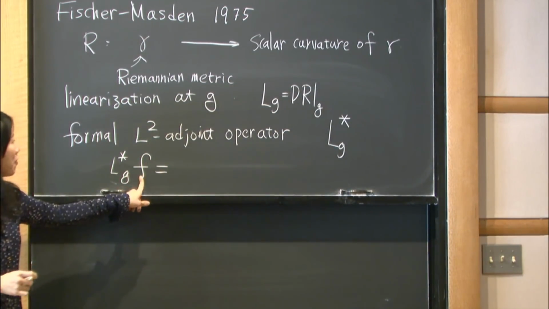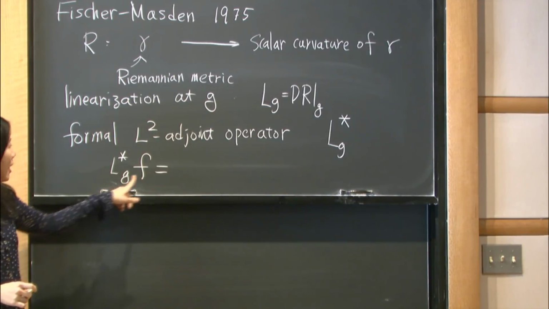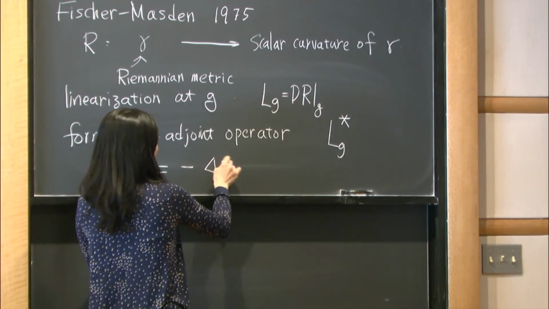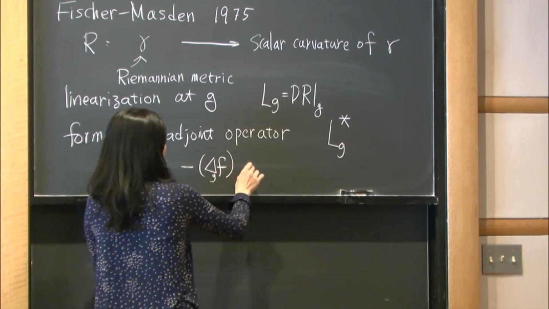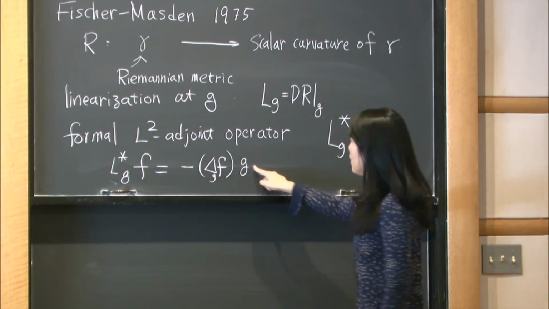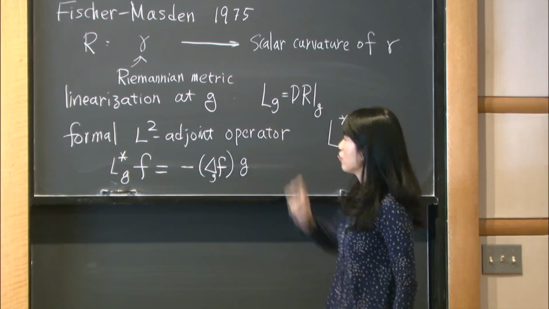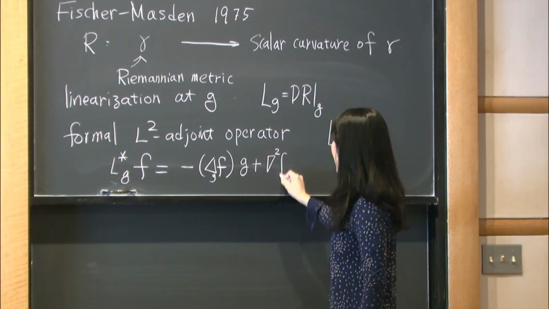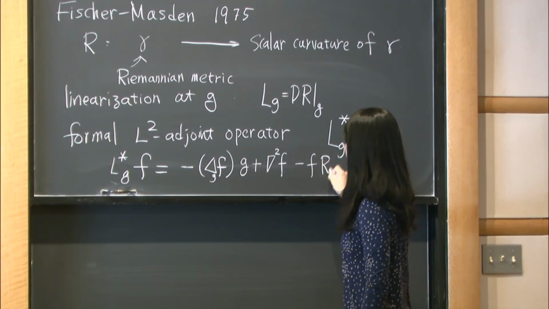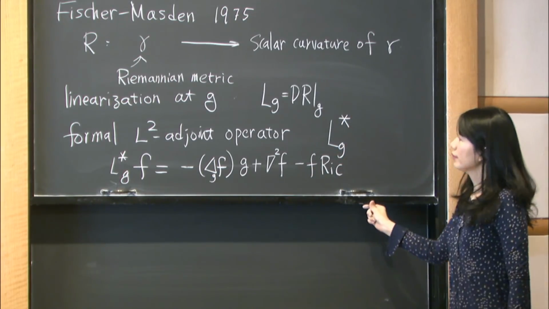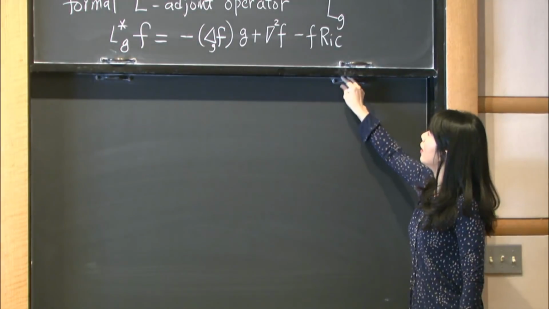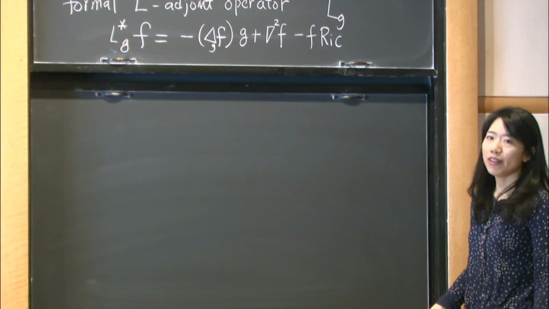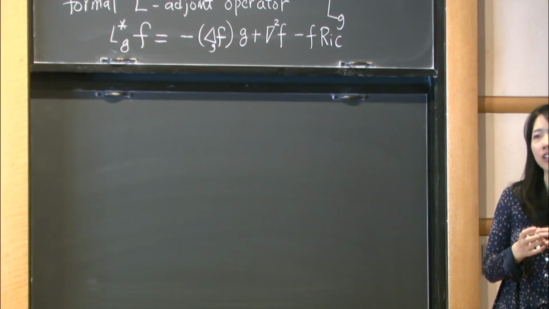Given a function f, the adjoint operator acts on f as a second order differential operator: you take the Laplacian of f times the metric, because it sends a function to a symmetric 2-tensor, then minus the Hessian of f, plus f times Ricci. If the linearization is surjective, that means the adjoint operator should have trivial kernel.